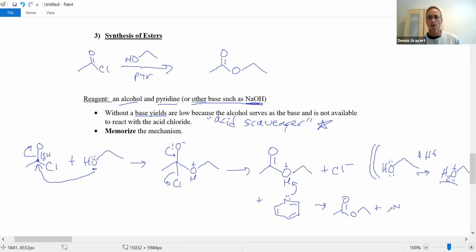You got the pyridine molecule, attach a hydrogen, it puts a positive charge on nitrogen, doesn't matter. And then there's a chloride. And then these pair up, cation and anion form a salt. You can do an extraction in the lab to rinse this away to get your ester here. That's how you might purify it in the lab.